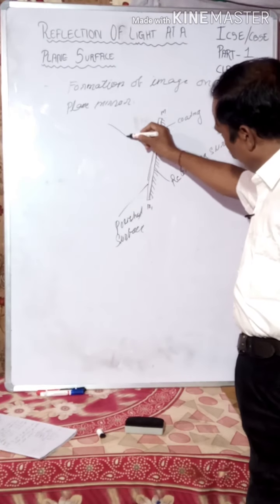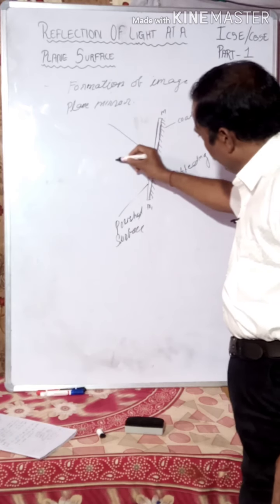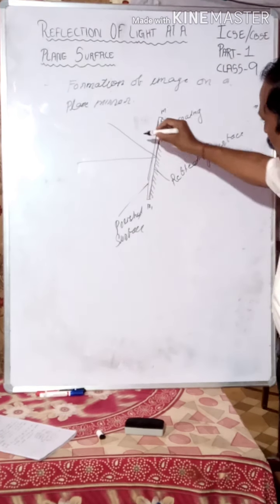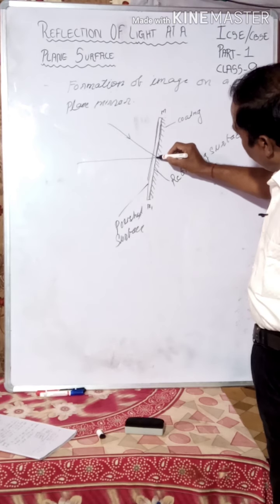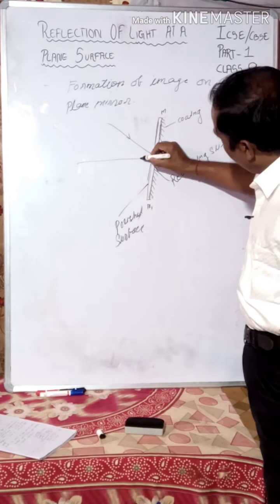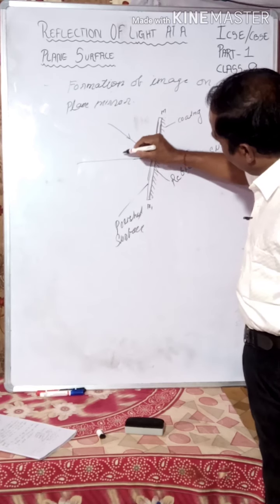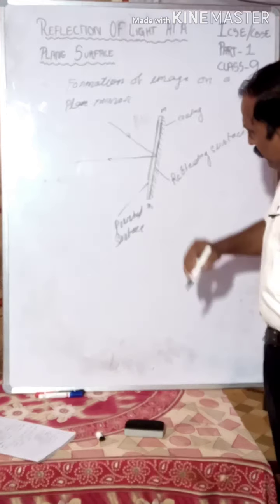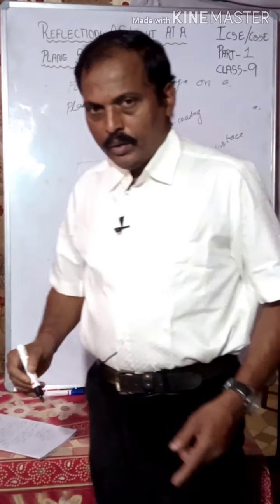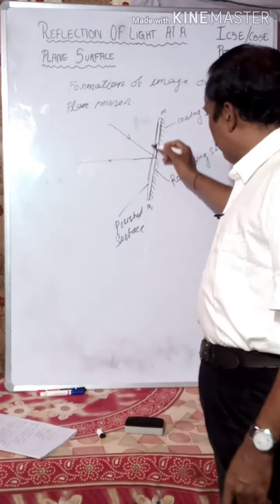When light enters here, it is reflected here. Light is incident at this point and reflected at this point, in this direction. This is a polished surface.